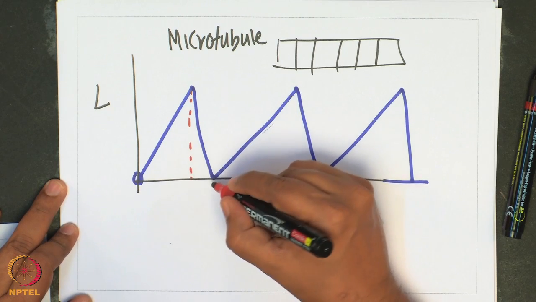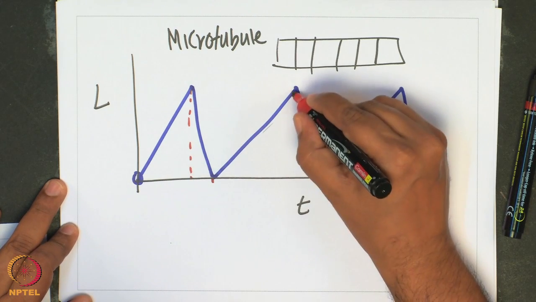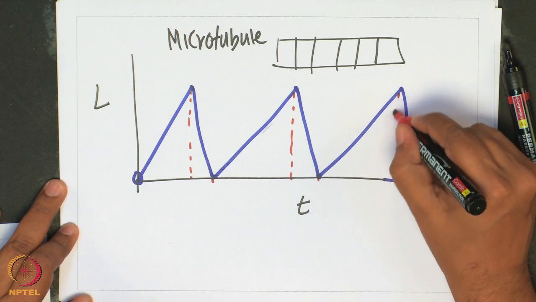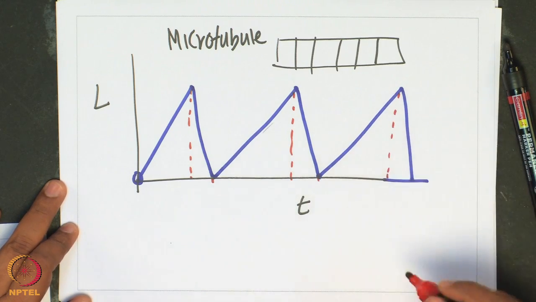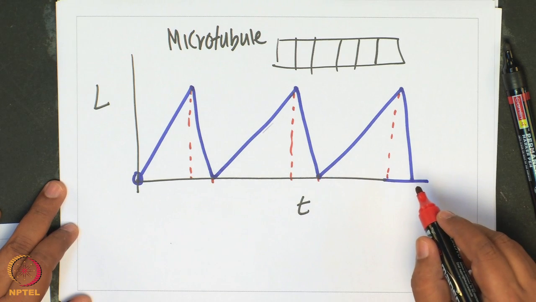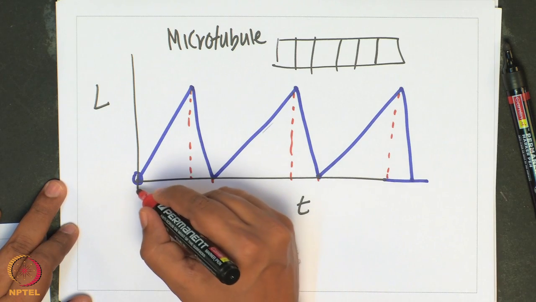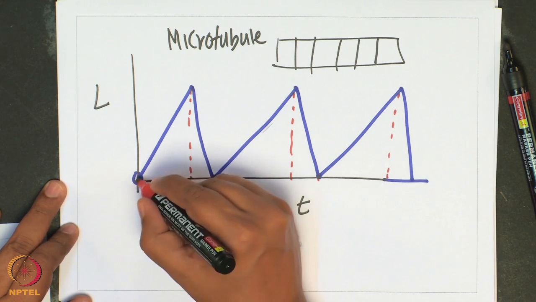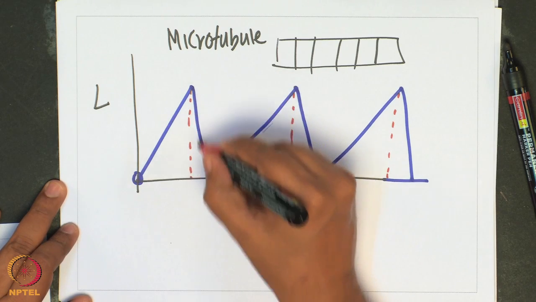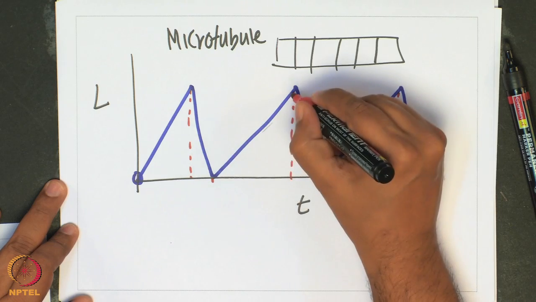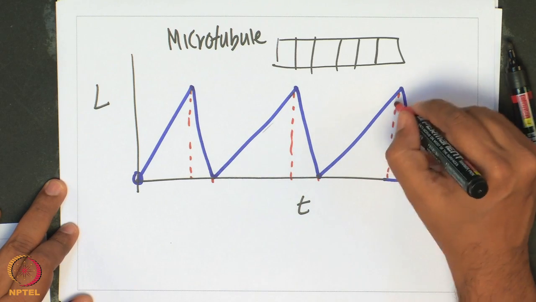So in this length versus time plot, there is a slow growth that takes a long time, and a sudden shrinkage. This is shorter and this is long, short, long, short.